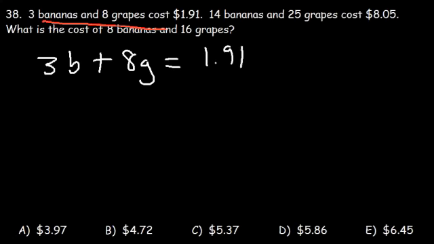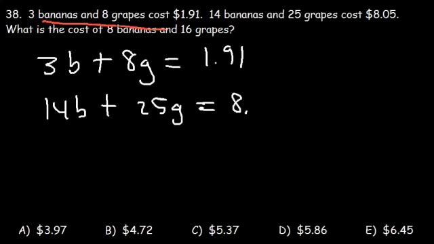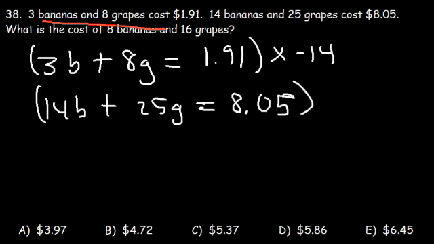Now for the second equation, 14 bananas and 25 grapes costs $8.05. So these are the two equations. So now we need to solve for either B or G first. So let's solve for B. Let's multiply the first equation by negative 14, and the second equation we're going to multiply by positive 3.